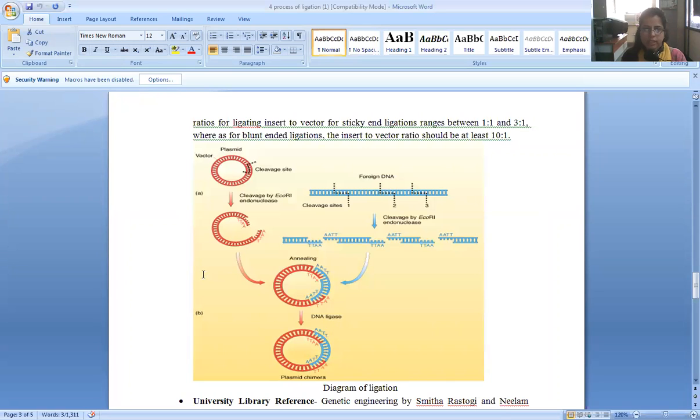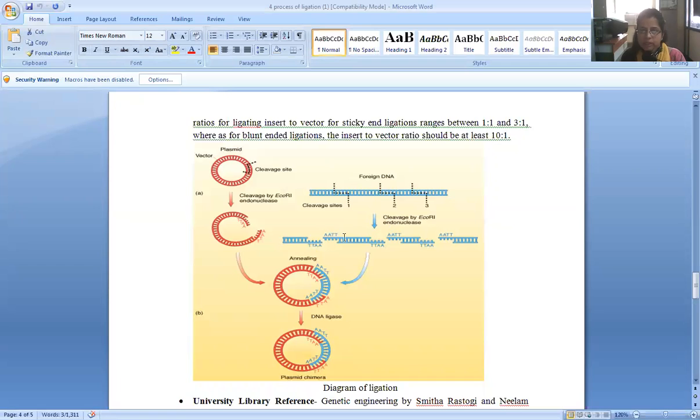Here we can see the diagram where this is the plasmid vector and this is the cleavage site. First of all, the restriction enzyme EcoRI endonuclease will cleave the vector. It will create sticky ends with AATT overhangs. On the other hand, the foreign DNA will be cut with the same restriction endonuclease, EcoRI, and it will also have sticky ends.